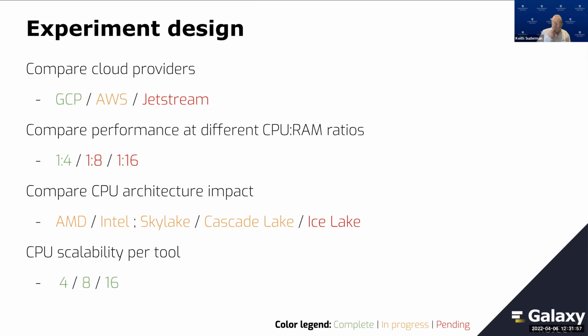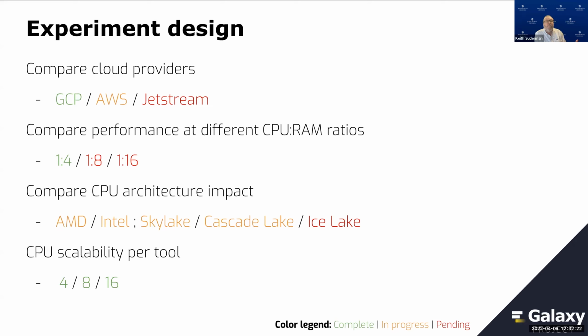Very often when you're configuring these machines, they'll be compute optimized or memory optimized with so many gigabytes of RAM per virtual CPU. So we want to explore with 4 gigabytes per CPU, 8 gigabytes per CPU, 16 gigabytes per CPU. Also, they offer various CPU architectures.